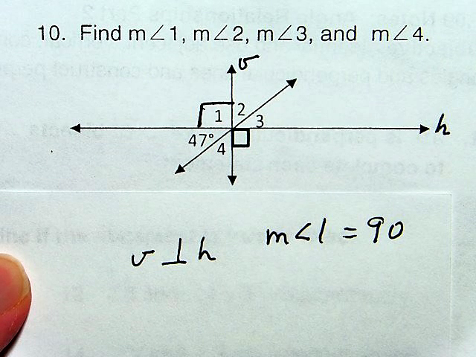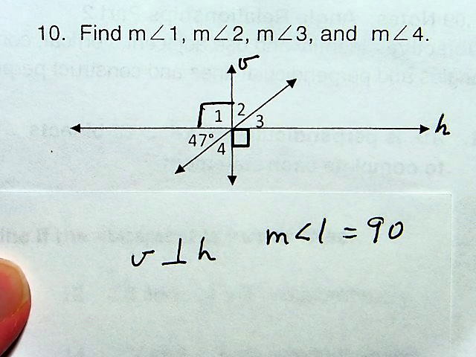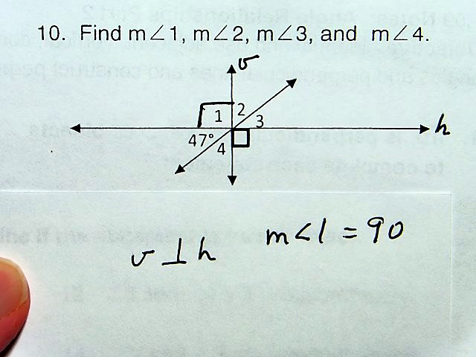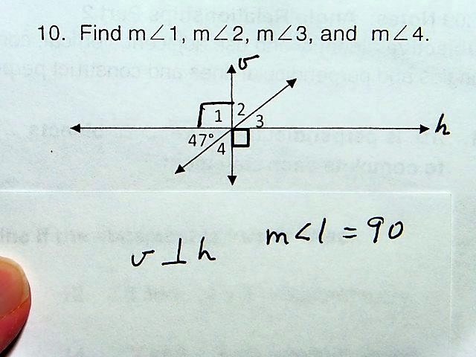Let's keep going. Well, I said this had something to do with vertical angles. And if you recall, vertical angles always have equal measure. Well, what's a pair of vertical angles here where we know maybe the measure of one of them, but we don't know the measure of the other? Take a moment and try to find them.